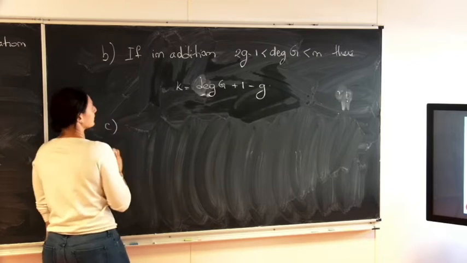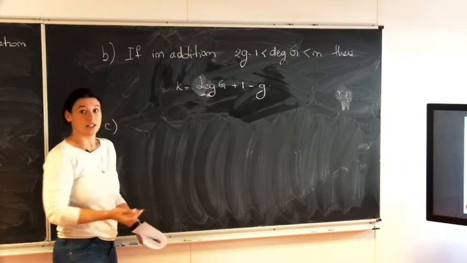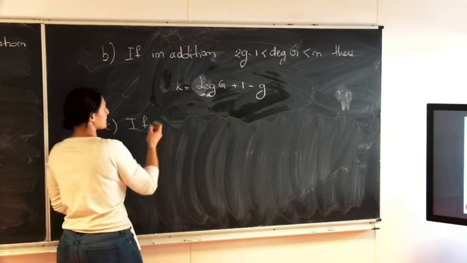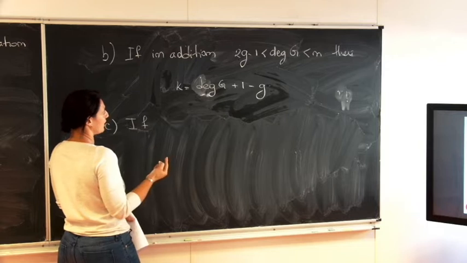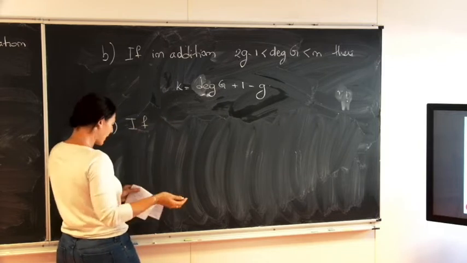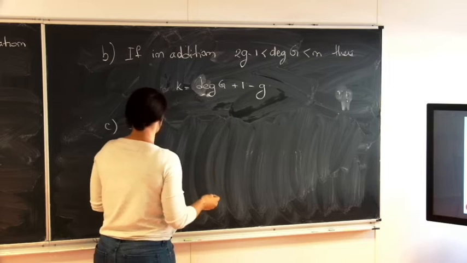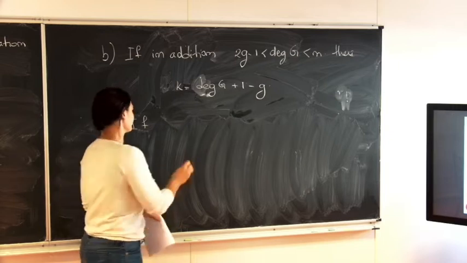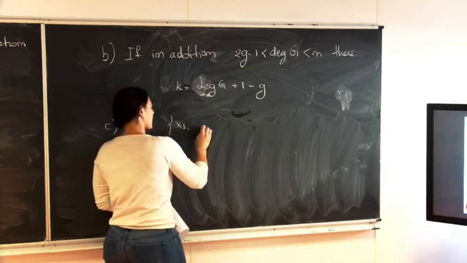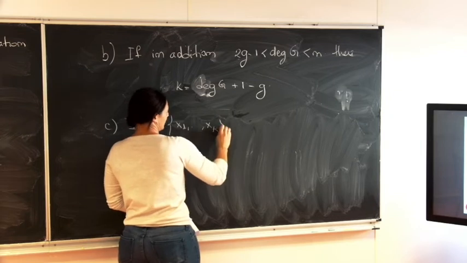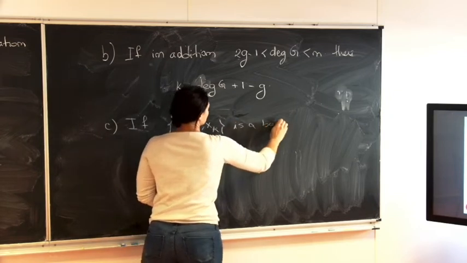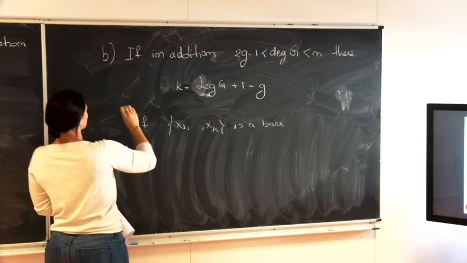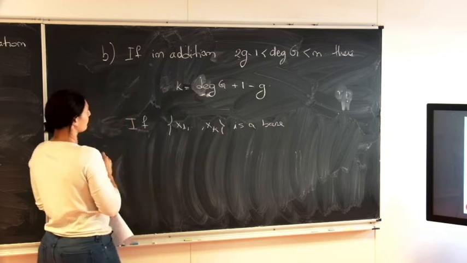And the third part is coming from the classical theory of codes. If we are in this case and we have a basis for the Riemann-Roch space of G, if x1 up to xk is a basis, well, let's put it here because it is with this same hypothesis, right?